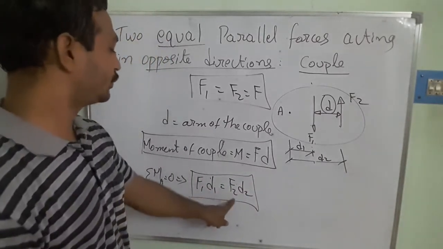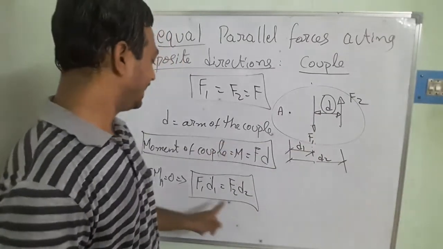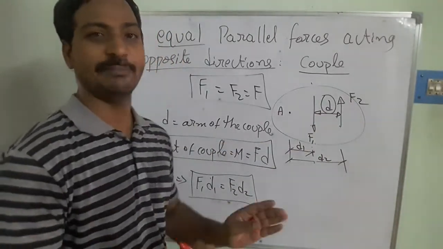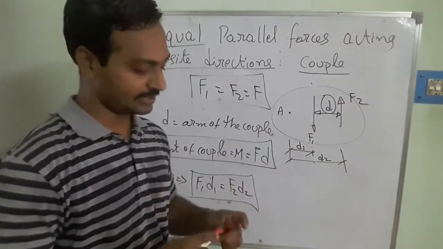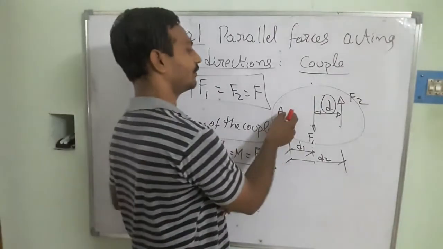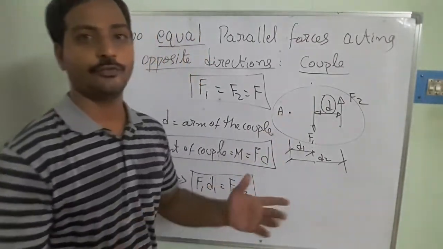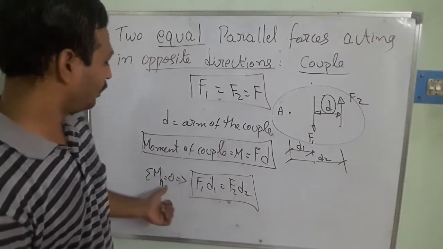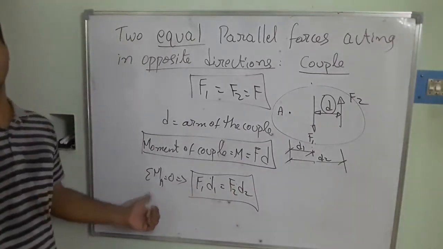F1 and F2 are the same magnitude, but D1 and D2 are not the same distance. They exist at different distances. Then automatically the effect we get is a little different. On this basis we calculate the moments of the forces.